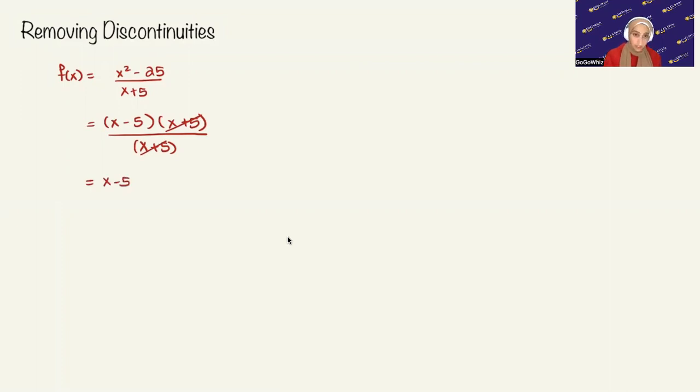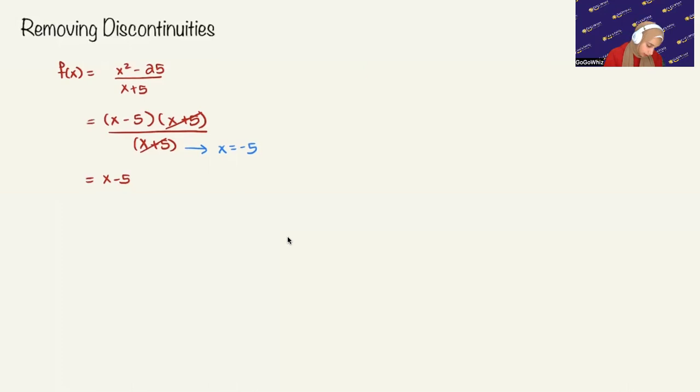Now, our discontinuity is happening when x is equal to negative 5, right? So what if I said, let's take this negative 5 and actually sub it in. Let's see what the function is going to be at this discontinuity, after we've removed this discontinuity. So we have negative 5, negative 5, then we have negative 10, right?